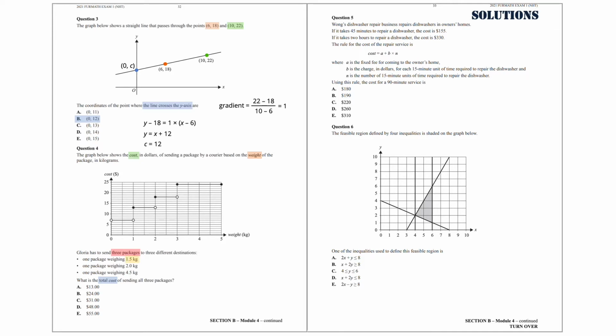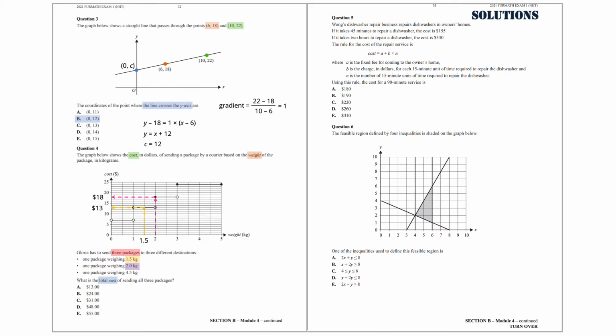Let's start with a package of 1.5 kilograms. We go up on the graph until it meets the graph, and that is $13. The package that weighs 2 kilograms, now be careful here because we stop at the dot. The dot is part of the graph, so that is $18.